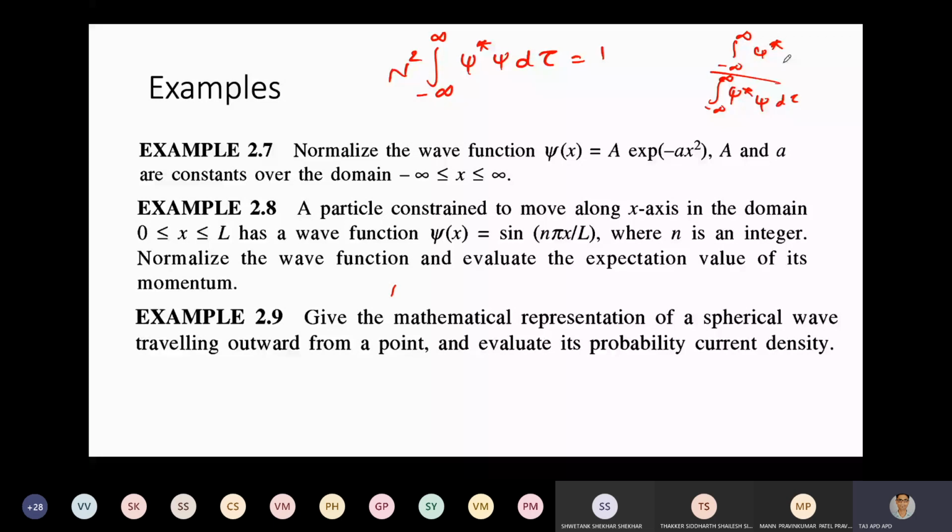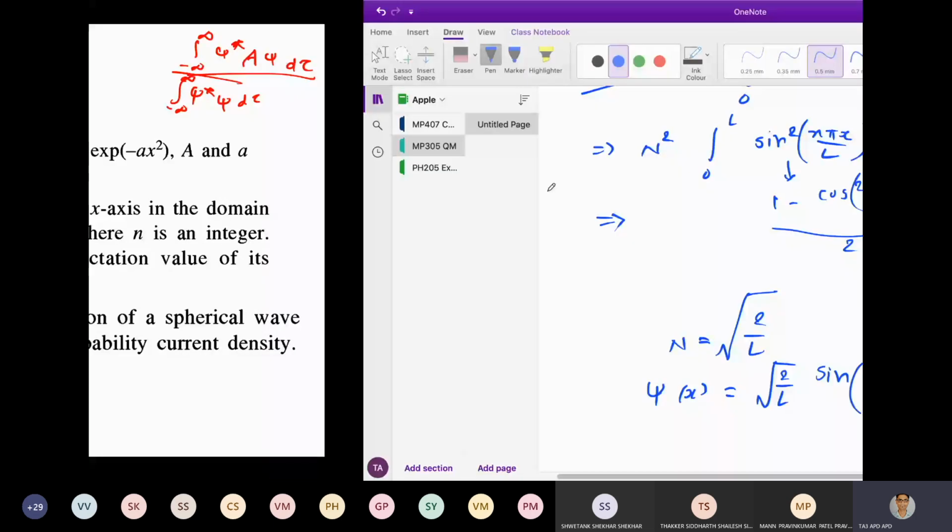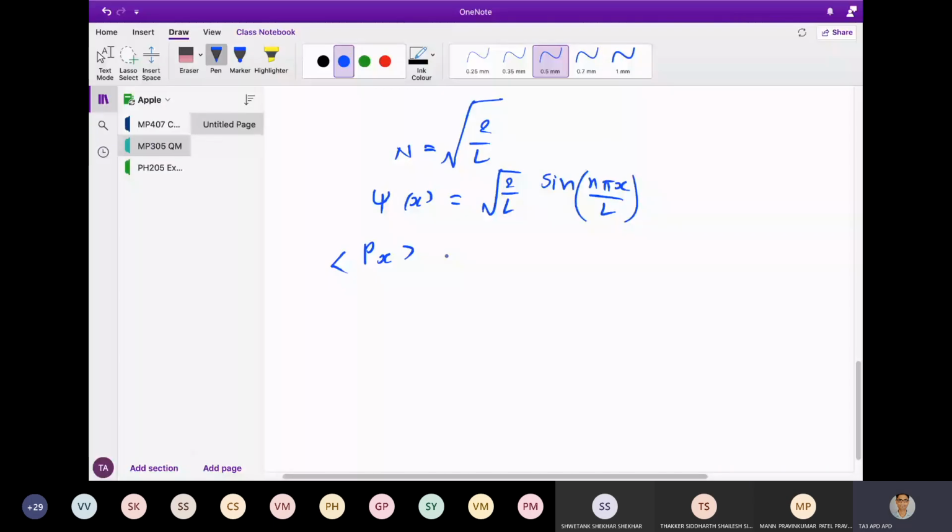So what should we do? In that case, we are finding the expectation value of the momentum. So we are writing in this bracket px is equal to minus infinity to plus infinity, and over here we have the limit 0 to L sin star. So इसका जो भी star है, so that is simply okay. Let me just write down first.